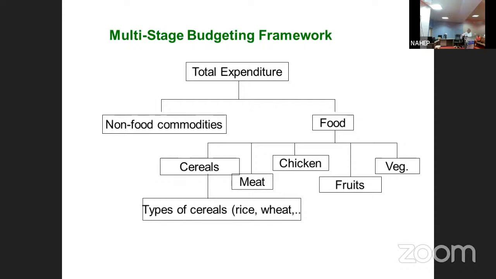Okay, 400, 4,000, 4 lakhs, whatever units you want to make, right? Food. So after having the money for food for running the kitchen, you have to decide, among the major food groups, how much money I have to spend on each.